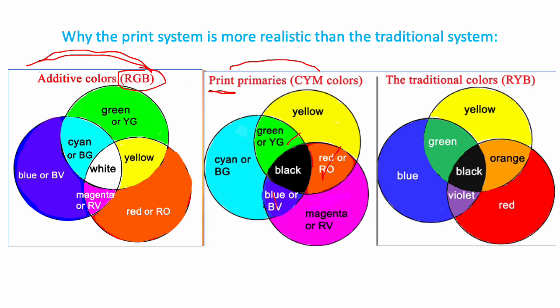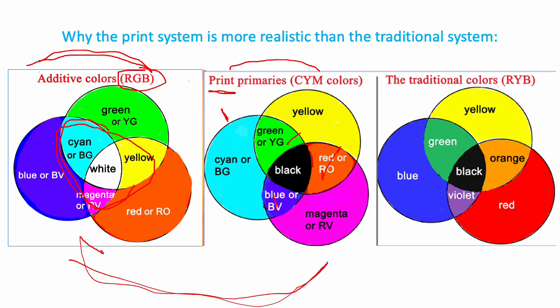Now, the secondary colors in the additive system are cyan, yellow, and magenta, and the primary colors in the print system are cyan, yellow, and magenta. So you can see that the primary and secondary colors of the additive and print systems are reciprocal, so they're directly related to one another.